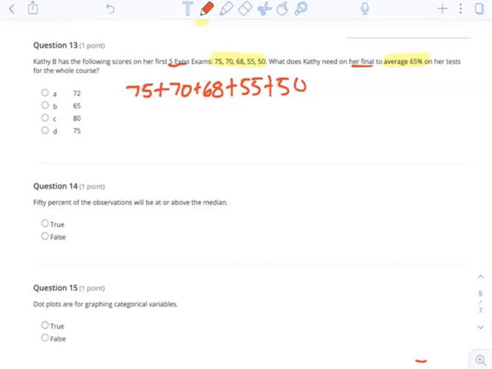That's 5 tests, but there's one more test we're taking, which is the final. I don't know what she got on it yet. That's what the question is. Then we divide by how many numbers that is, counting the x. That's 6 things. We set it equal to the percentage that she wants. That was 65. And then we solve from here.